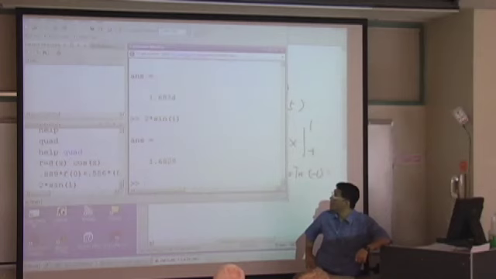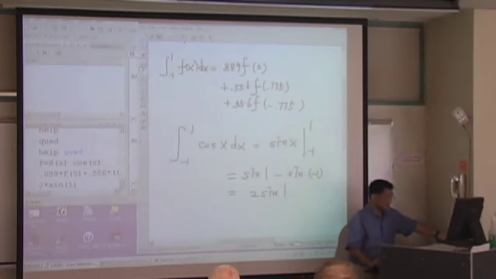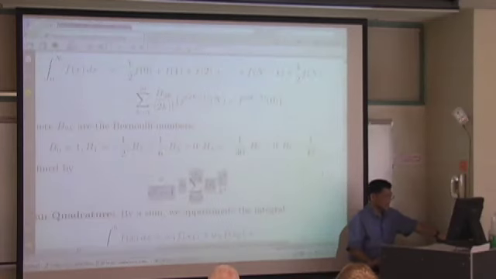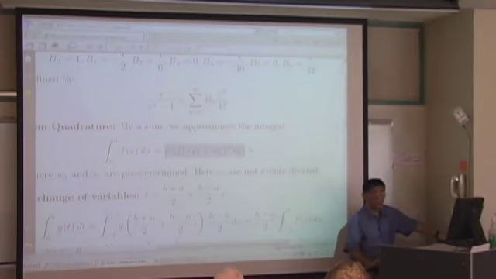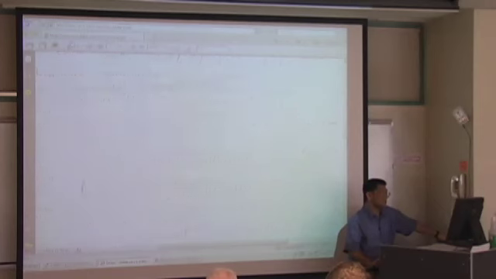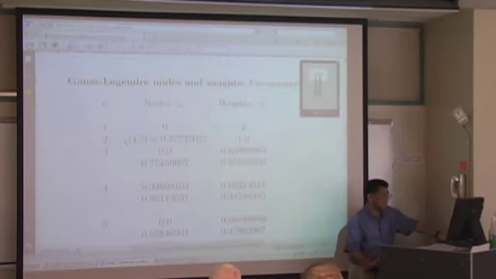Then you may wonder about the number of points that we can use. You can use as many points as you want. 1 point is okay. 2 points are okay. As you saw, 3 points are very good. 4 points are okay. And as you can see, I made a table. How to read the table?